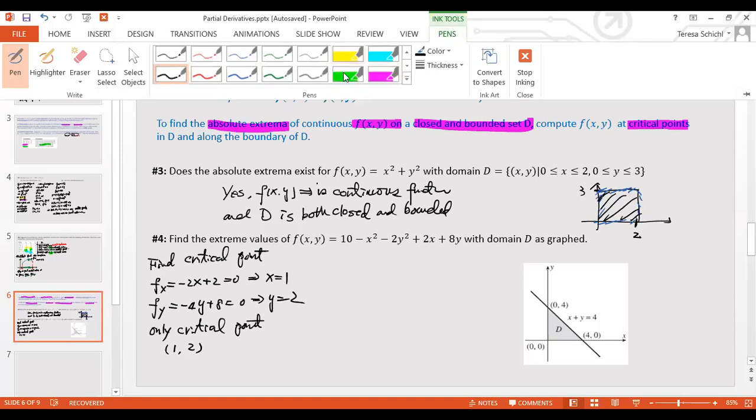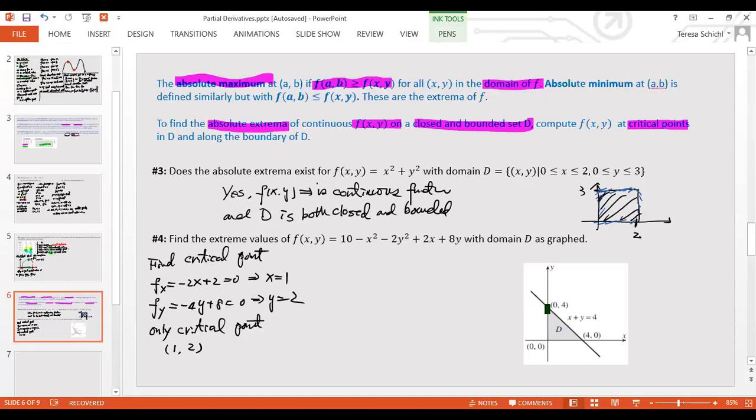So I can substitute the critical point, but the problem is I have these boundaries. Just like in Calc 1, the critical point takes care of the points inside, but now I have these boundaries here. So for each boundary, just like in Calc 1, we need to substitute the two endpoints. Now we need to take a look at these three boundaries.